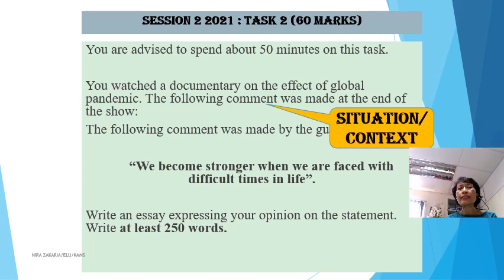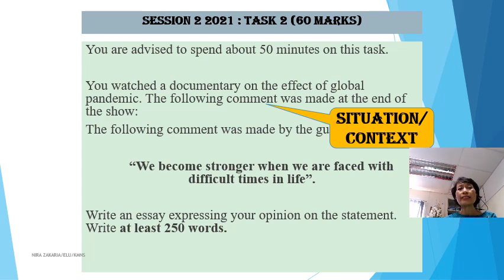So this is the situation, what I have read out to you. This is the situation or the context given to you as a guideline. But you don't have to necessarily use this as an example.